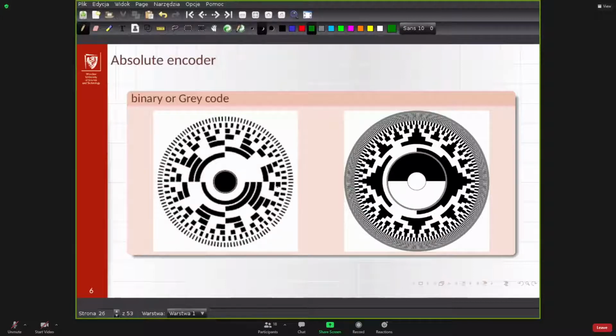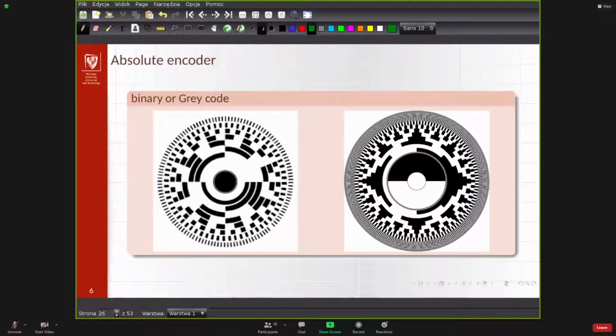Yeah, exactly, because with each increment, only 1 bit changes. Gray code causes that when we rotate to the right and go from one position to the next position, only 1 bit changes at the same time. What is the problem?